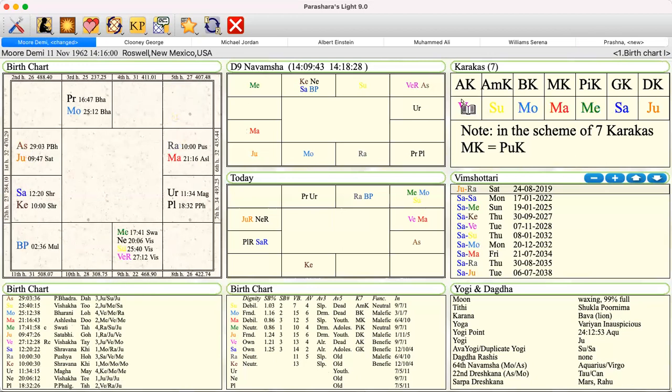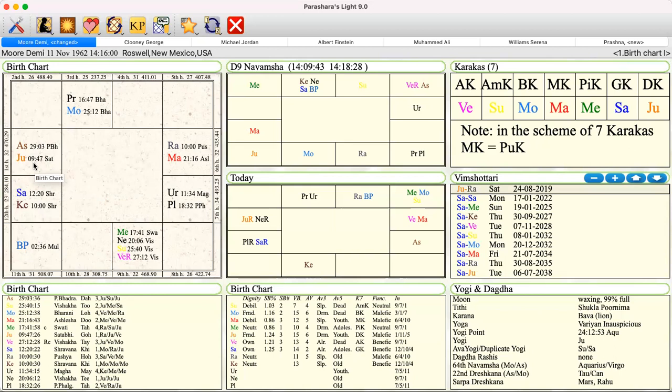And then I also look at her Moon. She's got a Purnima Moon, Shukla, a very bright moon, so she can actually manifest things easily. And I can also see that her yogi point is 24 degrees of Aquarius, and Aquarius is her ascendant, so it's a really, really good sign for her.